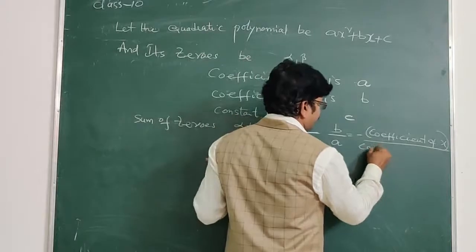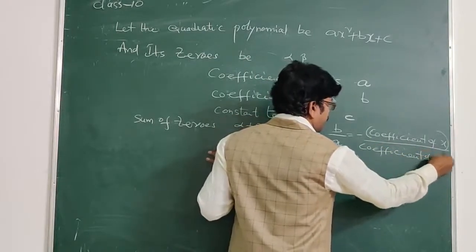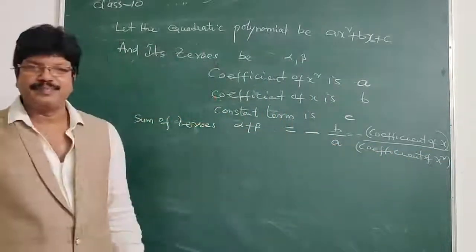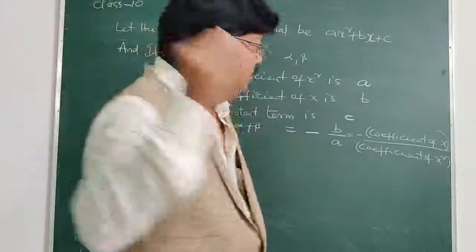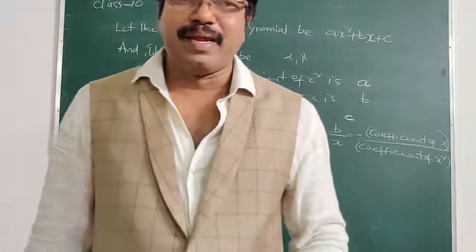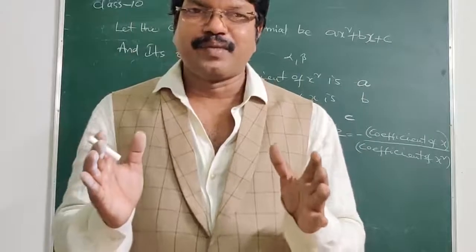So the sum of zeros, alpha plus beta, is minus b by a. Remember in your brain: sum of zeros alpha plus beta is minus b by a.